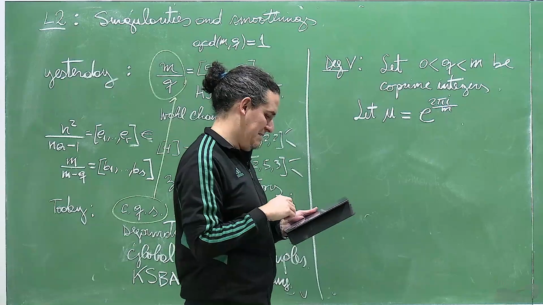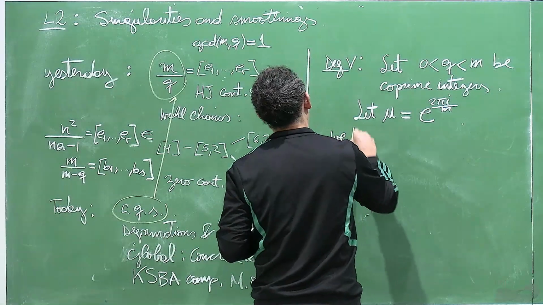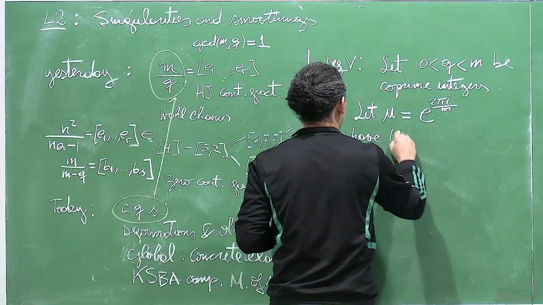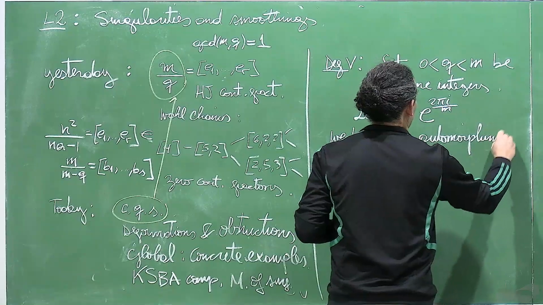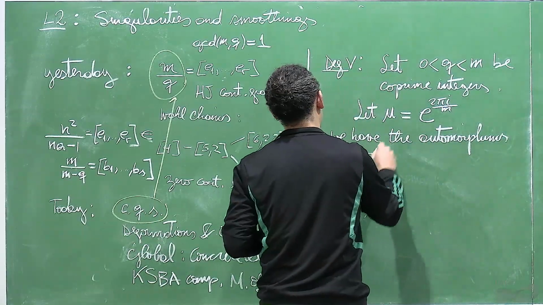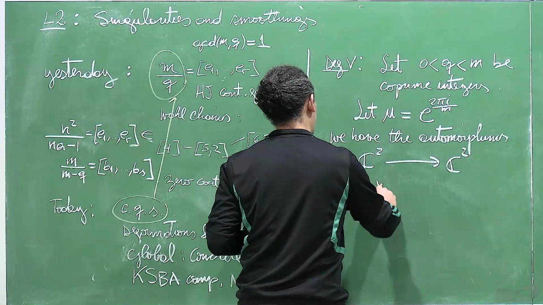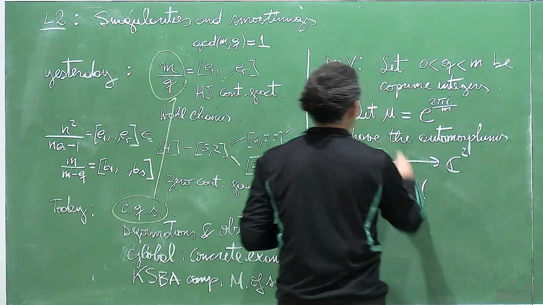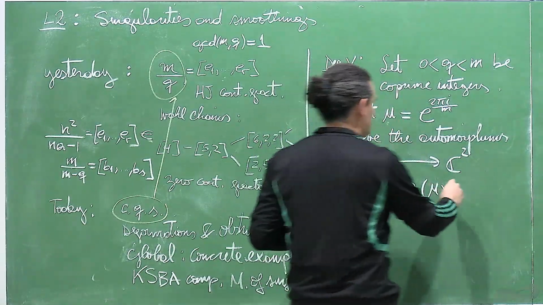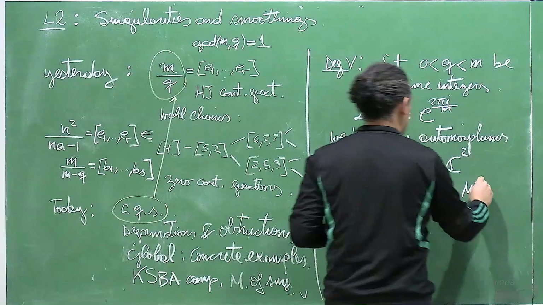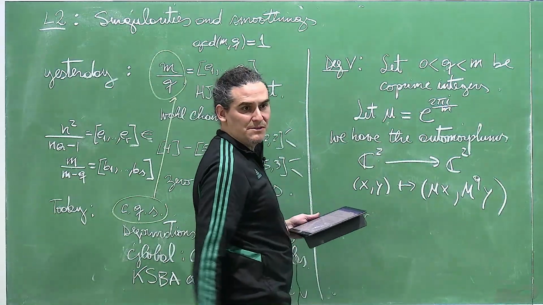I take just that one. And then we have the automorphism of C2, so C2 to C2, given by (x, y) going to (mu x, mu to the q y). So this is an automorphism of C2.